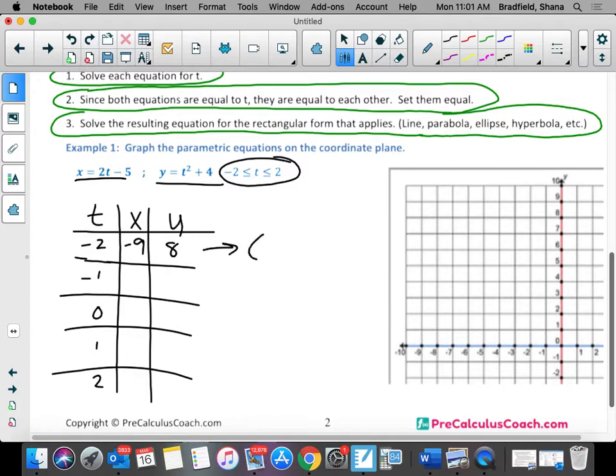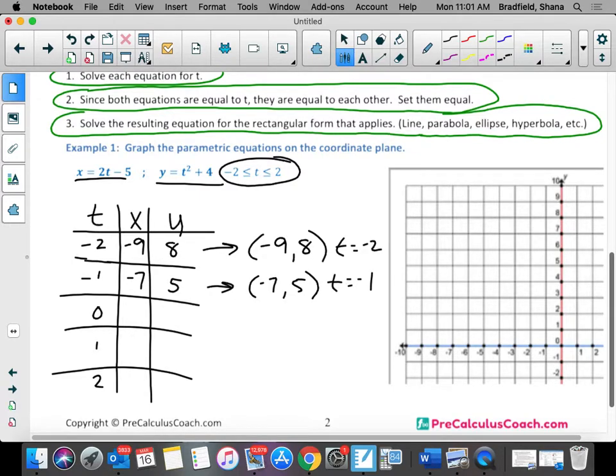So I actually have an ordered pair -9, 8, where t is equal to -2. Then I do -1. So I've got -2 minus 5 would be -7, and -1 squared plus 4 is 5. So my coordinate is -7, 5 when t is -1.